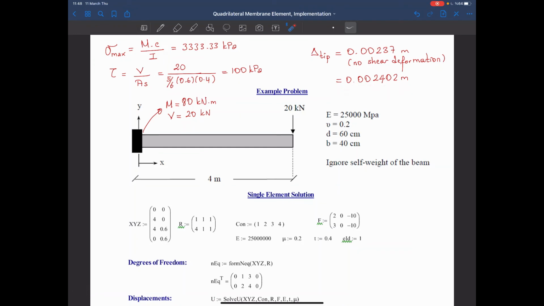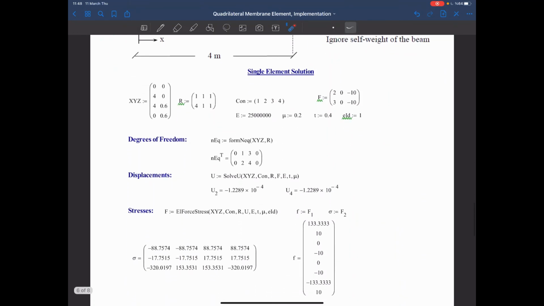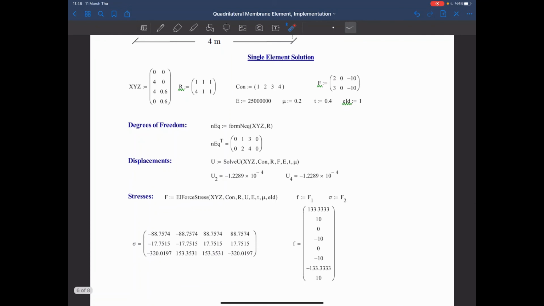So we see a huge difference in the displacements. And when you look at the stresses, they are, as expected, very small. These are the axial stresses at node 1, and the stresses at node 2, node 3, and node 4: sigma xx, sigma yy, and the shear stress.